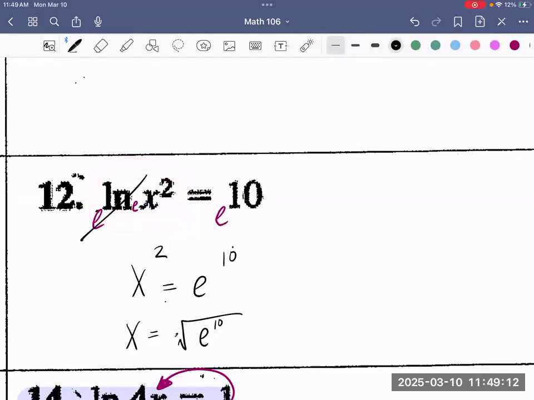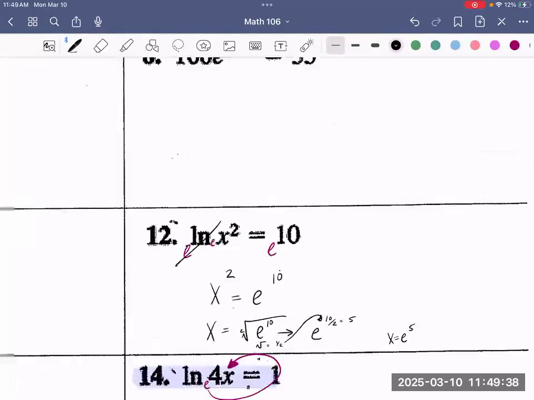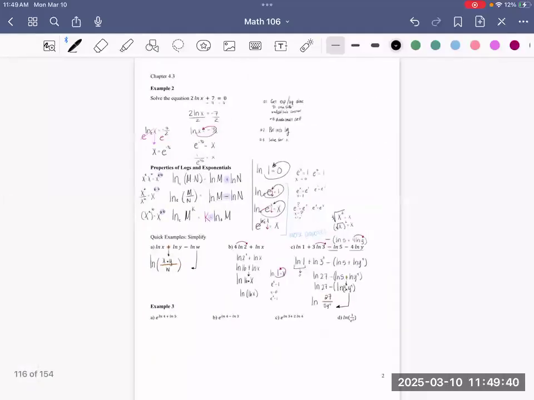But in our case, we're not fully finished, right? e to the 10/2, well, that would be 5. And keep in mind, we know that the square root can be written as 1/2, so that's why that is there. So we have e to the 5th. Or sorry, that is e to the 5th. Yeah, x is equal to e to the 5th. So I like using that property a lot more.